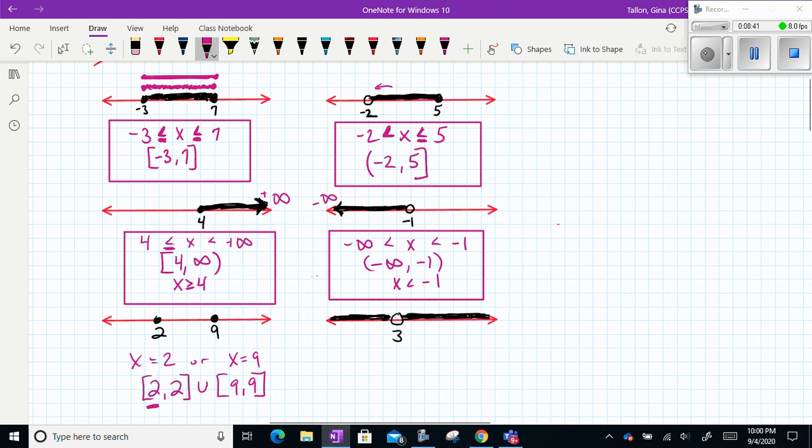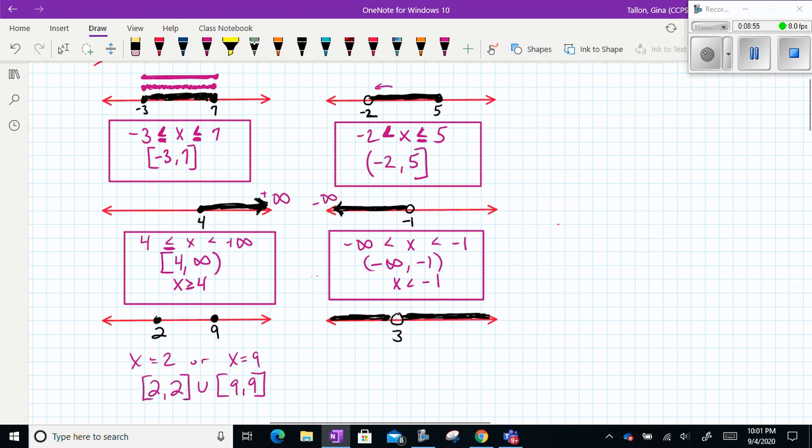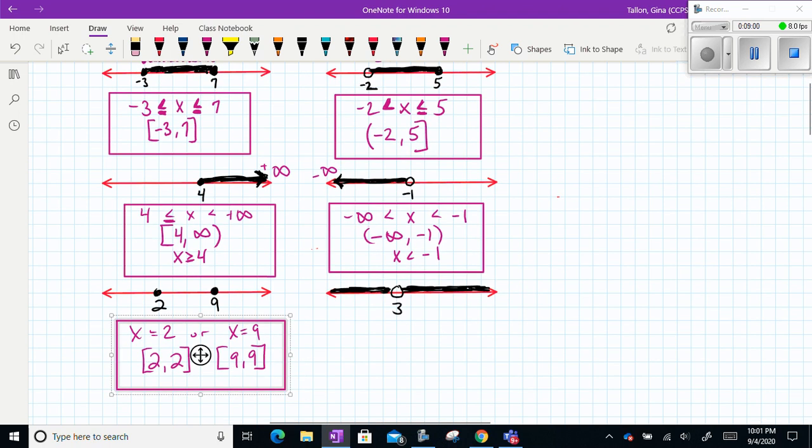We start at 2 and we include it, and we stop at 2 and we include it. So therefore we don't have any other points than just the 2 itself. So for this particular interval notation, that is how you can write that. Okay, so I'm going to go ahead and box this. Move that up slightly.